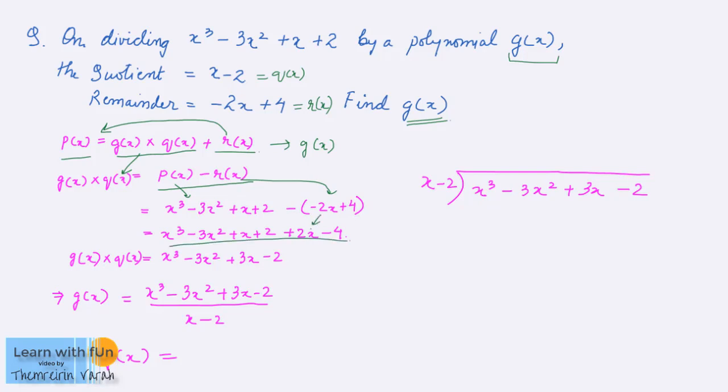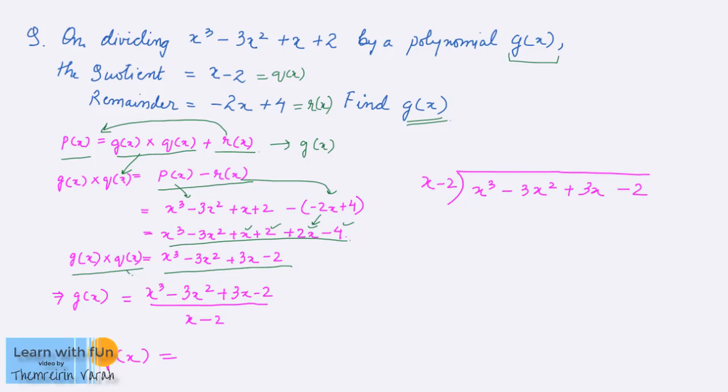Opening the bracket and simplifying, combining like terms, we get x cube minus 3x square plus 3x minus 2. Now gx into qx equals this.